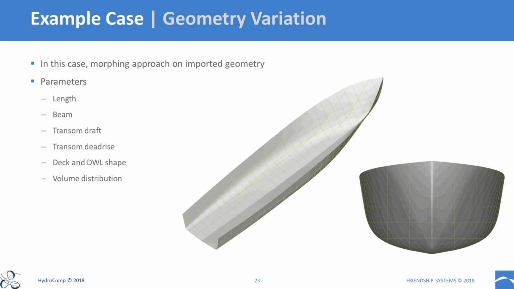And finally, we have the volume distribution. So here we redistribute volume of the hull in longitudinal direction. So basically, this has an effect on the center of buoyancy also.